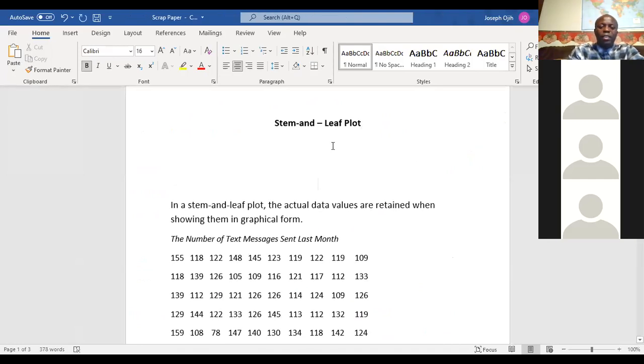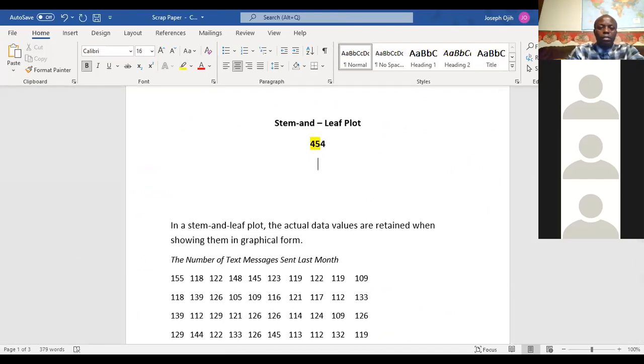Suppose you have a number like 84. The first number is the stem, and the last number, which is 4, is the leaf. If there are two digits, say 54 or 45 or even 78, the first number is your stem.